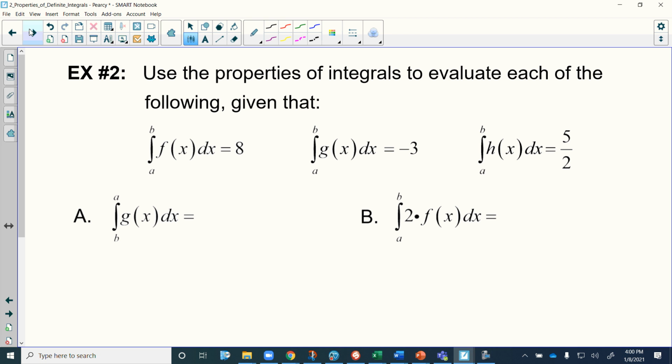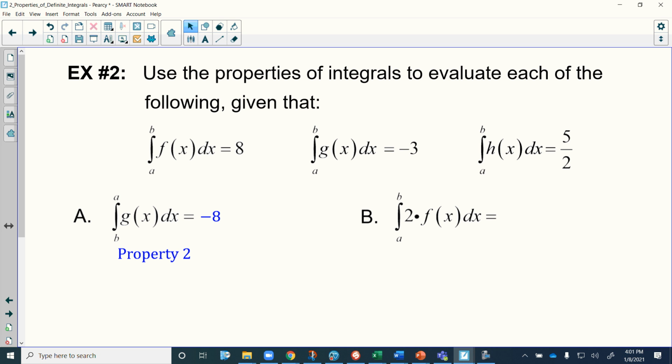So for instance, for the example that you have in A, if you notice, the upper and lower bounds are switched based off of what they're showing you in the given information, where the integration from A to B is supposed to be equal to 8. So if we're switching the order of the interval, from the upper bound to the lower bound, we just change the sign of whatever it was, multiplied by a -1.